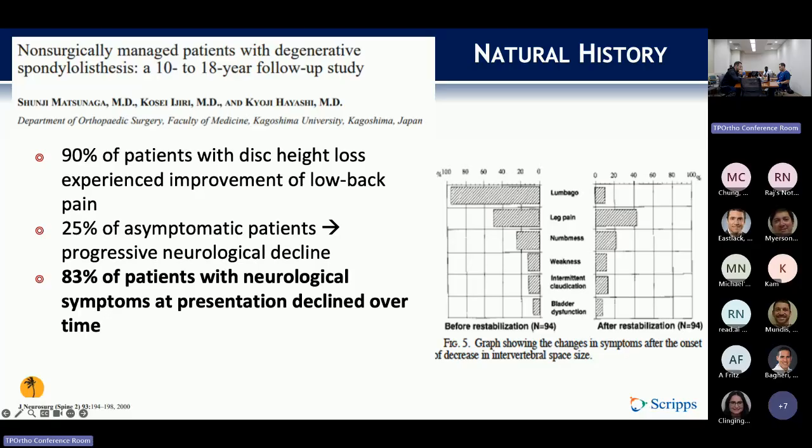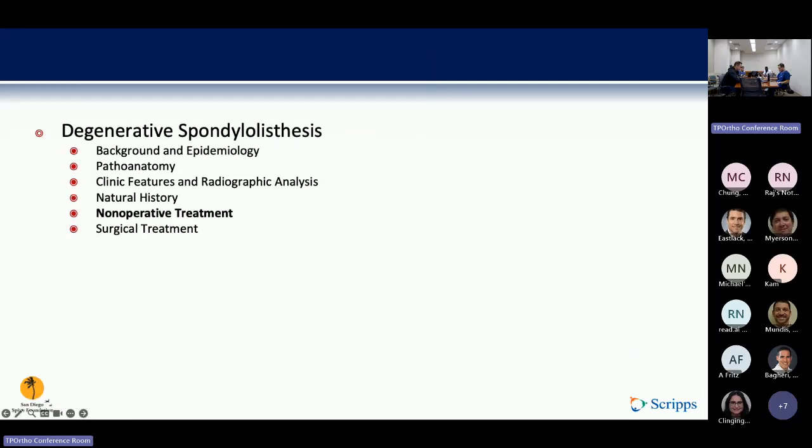And 25% of the asymptomatic patients with pain or neurologic symptoms eventually progressed to progressive neurologic decline. And those with the initial neurologic deficits that declined surgery generally experienced worsening of those symptoms over 10 years. So I think a take-home point from this study specifically would be that the disease process can take many clinical forms. And again, we have to follow these patients and tailor our treatment towards each individual chief complaint.